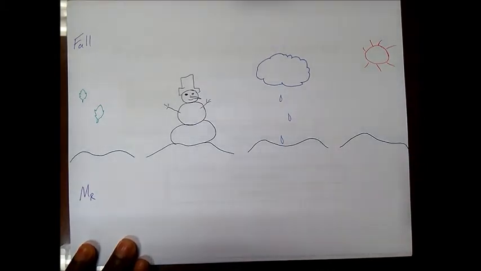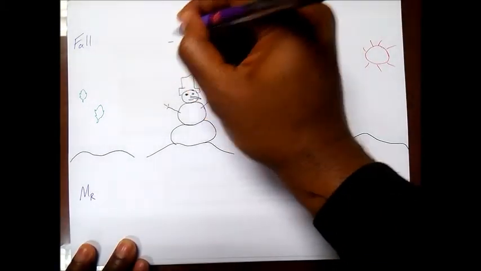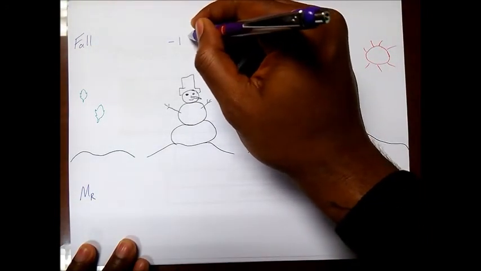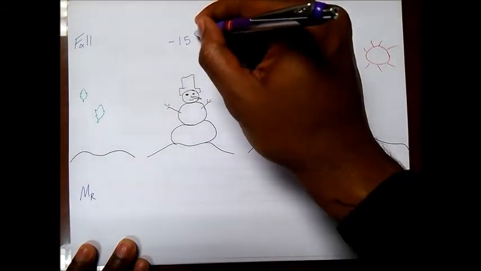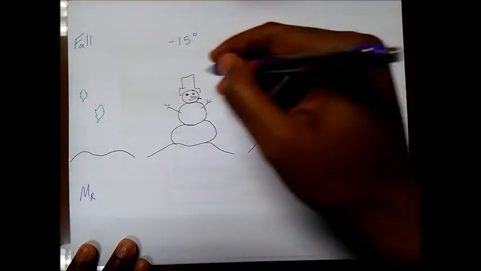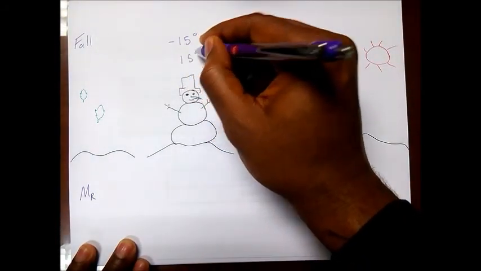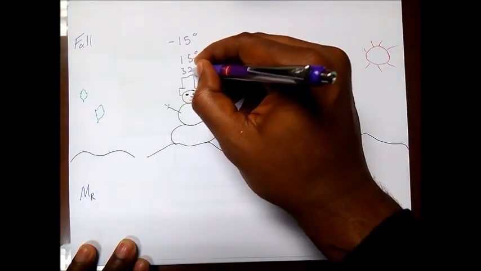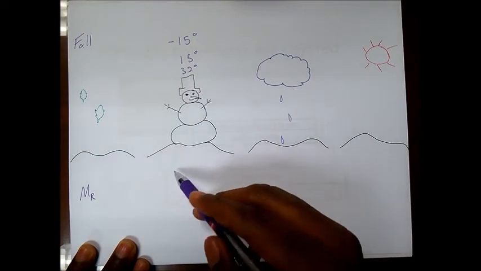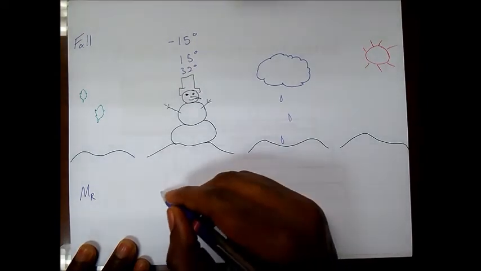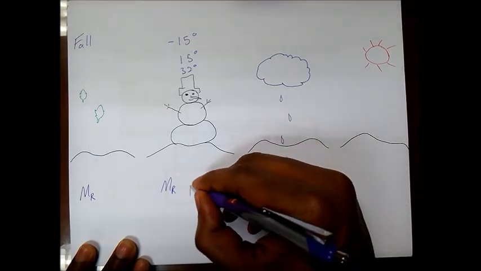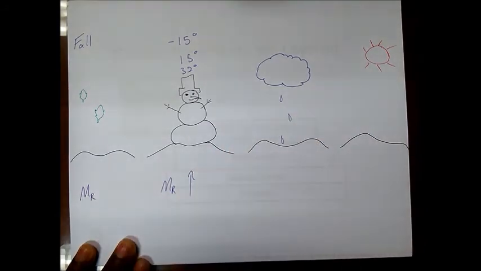But in the winter time, it can get really cold, and sometimes it can even get down to negative 15 degrees, or 32 degrees. As long as it's frozen, you probably have a modulus of resilience that is going to be a little bit higher than normal, right? A little bit stiffer here.